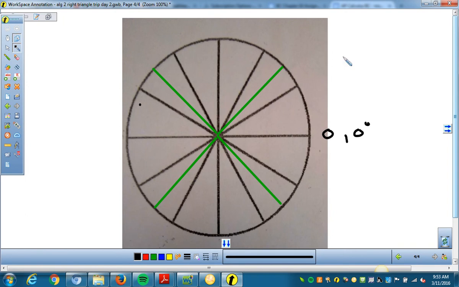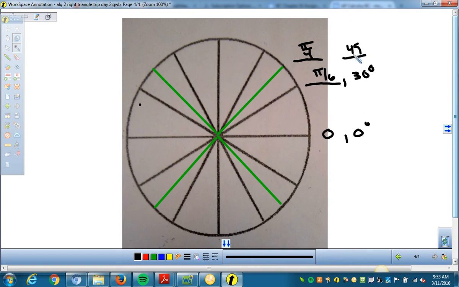So this one is 30 degrees. So pi/6 and 30 degrees. The next one is pi/4 and 45 degrees. And on this one, we have pi/3 and 60 degrees.